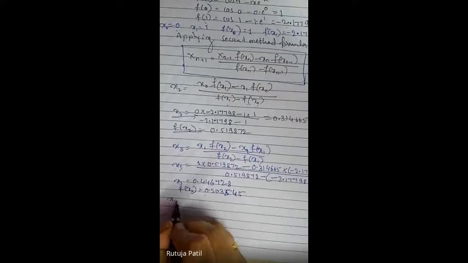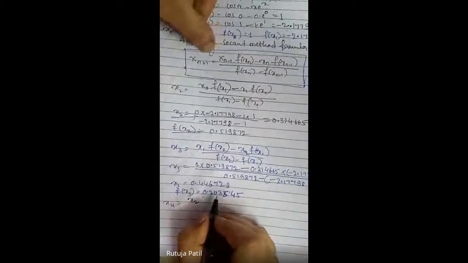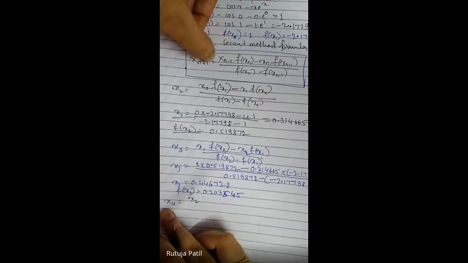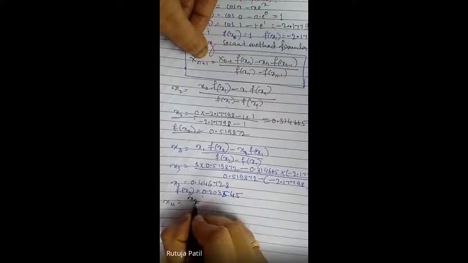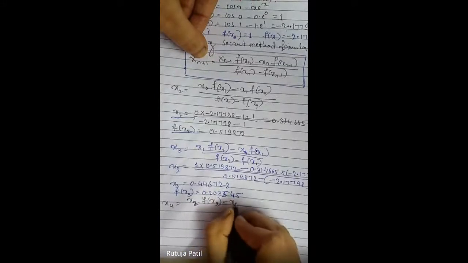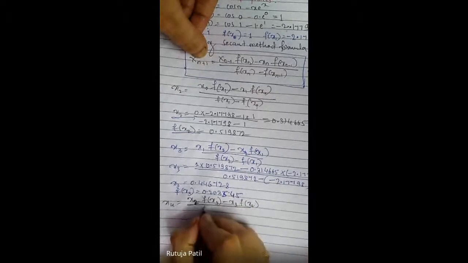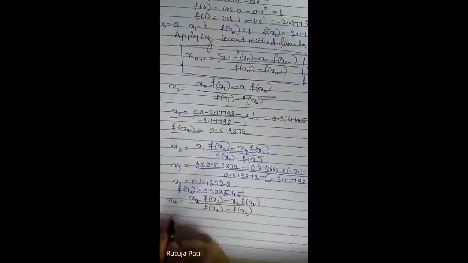Next is to find the x4. To find the x4, first derive the formula. To find x4, put n value as 3 in this. 3 plus 1 you will get 4. So x4 is nothing but x2 into f of x3 minus x3 into f of x2, divided by f of x3 minus f of x2. Substitute the corresponding values.